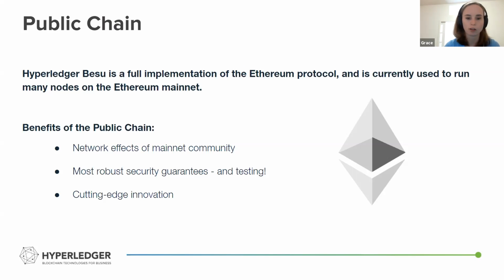Then, security. When that many people are running on a network, you get it tested a lot, and it's battle tested when you're using mainnet. That gives you more robust security guarantees. When you know that 250,000 people have been developing and running nodes on mainnet, and people are trying to use it, if things are broken, they have to be fixed that much faster.